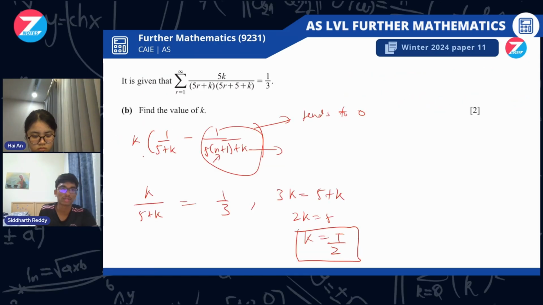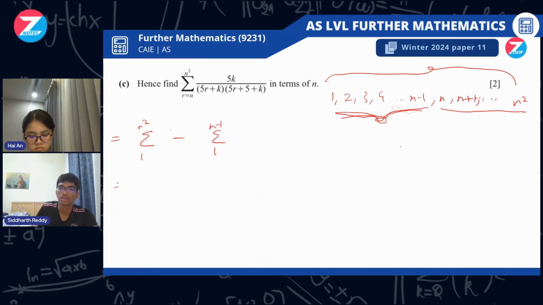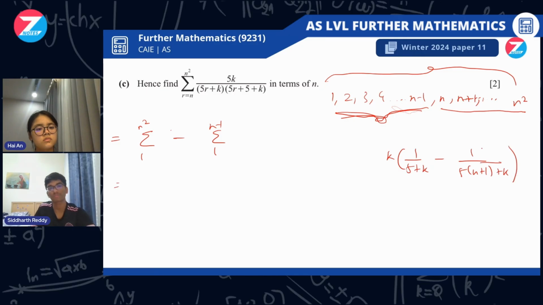So we found that the sum is k into 1 by 5 plus k minus 1 by 5 into n plus 1 plus k. So we can directly substitute the values. So I'll distribute k again. So it comes like this.